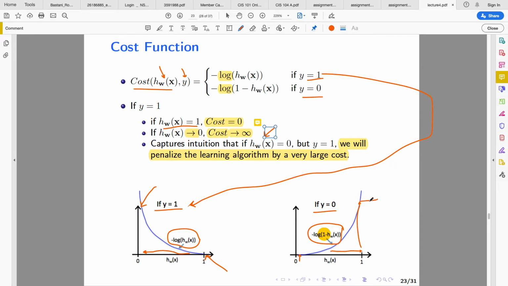That is to penalize the fact that our model is missing the actual target, and that corresponds to what you have here. So this curve, negative log of 1 minus h of w, corresponds to this curve that satisfies our intuition.